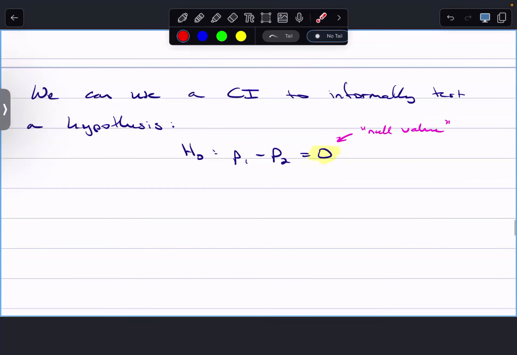And so what we're going to do is if the null value is inside the interval, well, then we're 95% confident that that null value can happen, right?